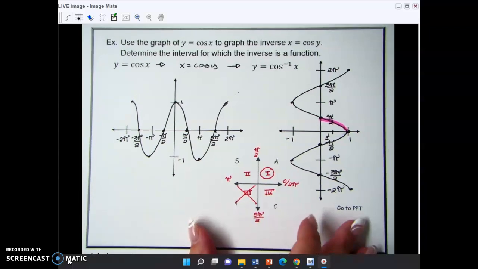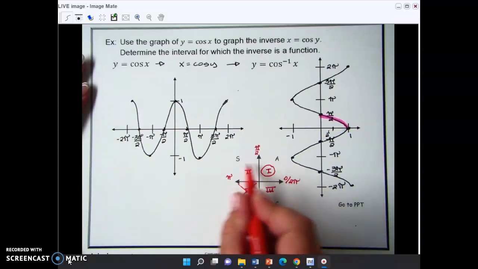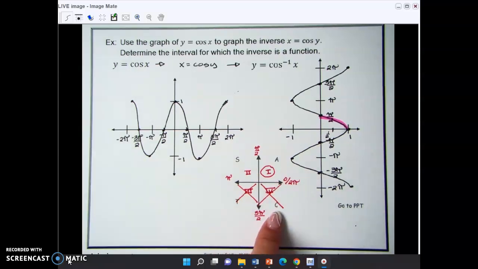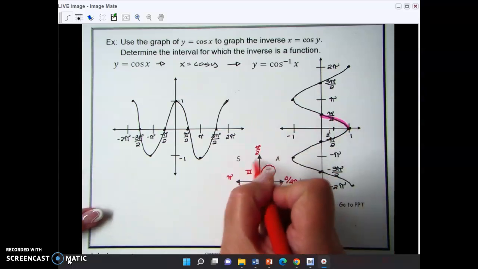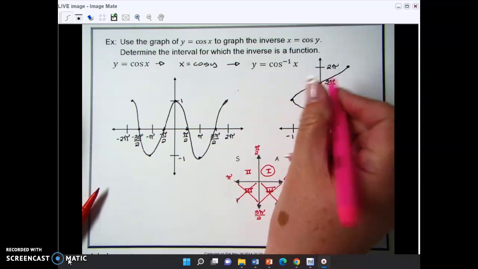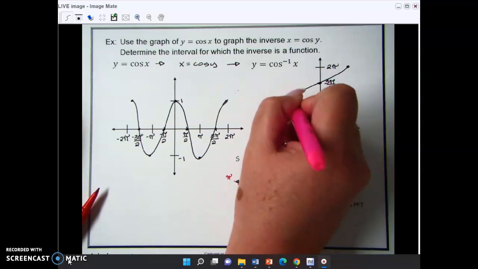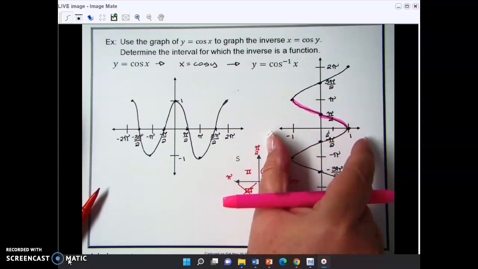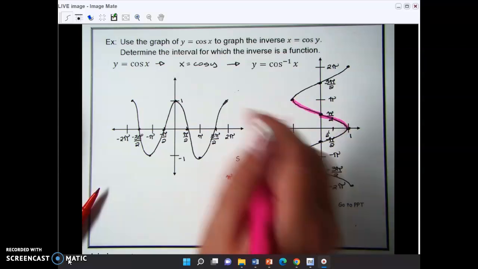So the shortcut idea is wherever you see C from All Students Take Calculus, we're going to cross that out when we're dealing with the inverse cosine. So you notice if I highlight from pi over 2 to pi in my graph, that goes from here to here. And so now I have a function that goes from -1 to +1, and my calculator can give me a single answer.